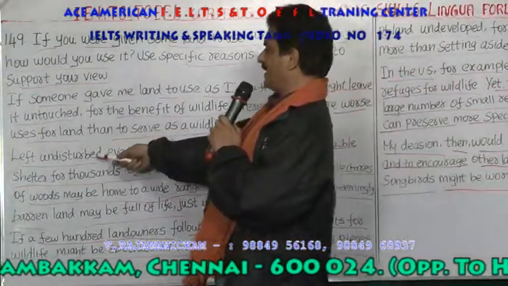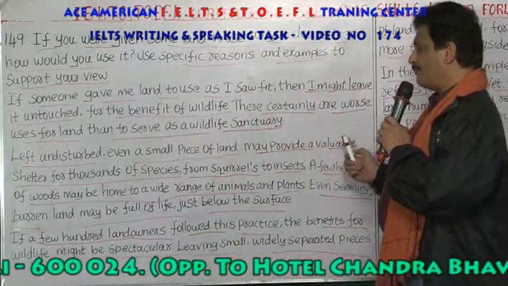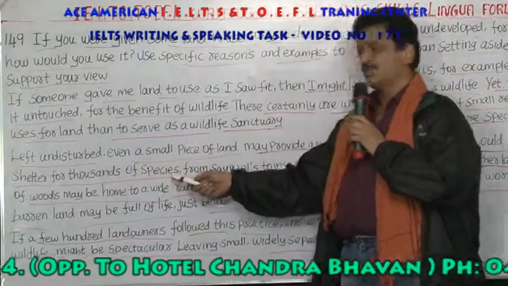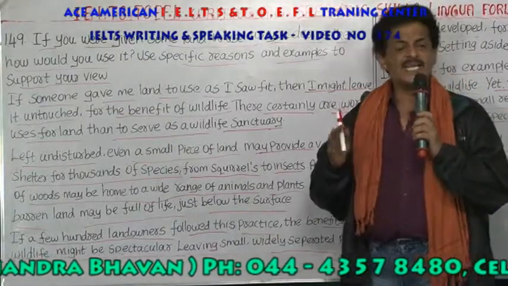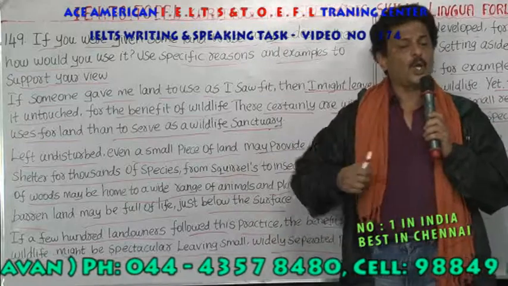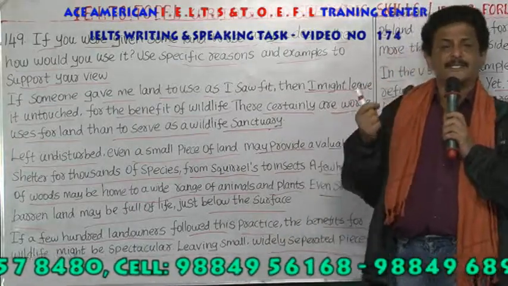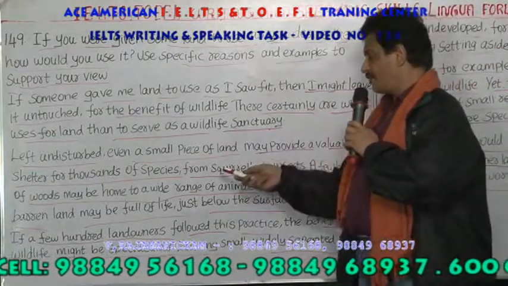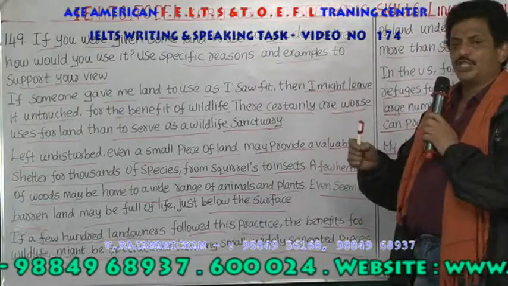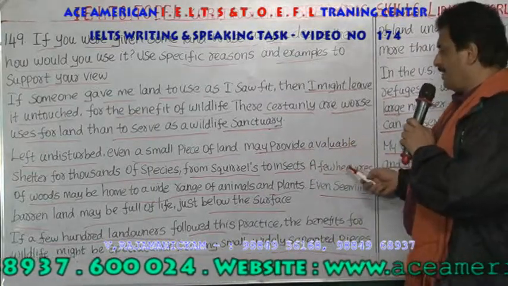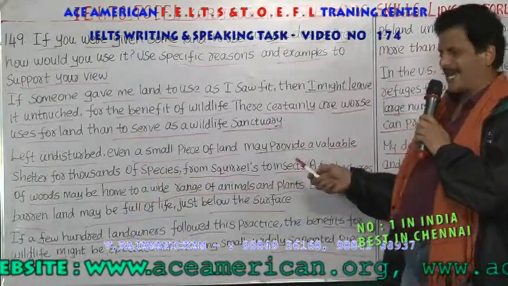Left undisturbed, even a small piece of land may provide a valuable shelter for thousands of species. A few hectares of woods may be home to a wide range of animals and plants.